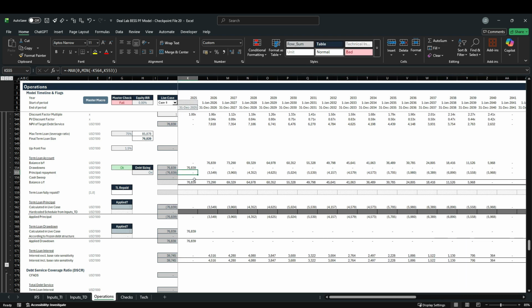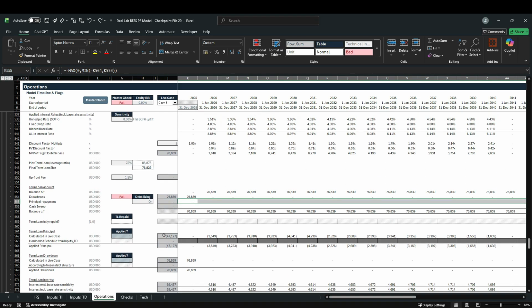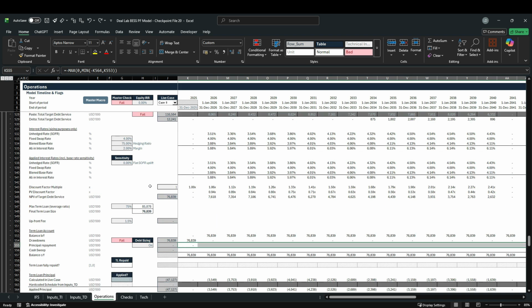And now this is actually really interesting, so hit Control Z for just a moment. And what you will notice here is that our principal repayments before we drag the formula over are 47 million, and our interest expense are 69.4 million. And what we did with our NPV approach here is back solving the total term loan amount that our project can take on at exactly that determined target debt service in each specific period.